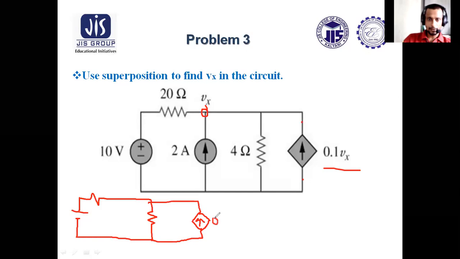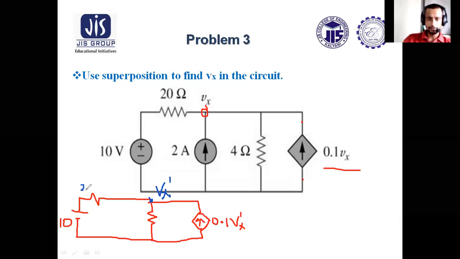This is 0.1 Vx. Let us assume that due to this 10 volt source alone, this Vx is Vx dash. So this point should also be Vx dash. Okay.